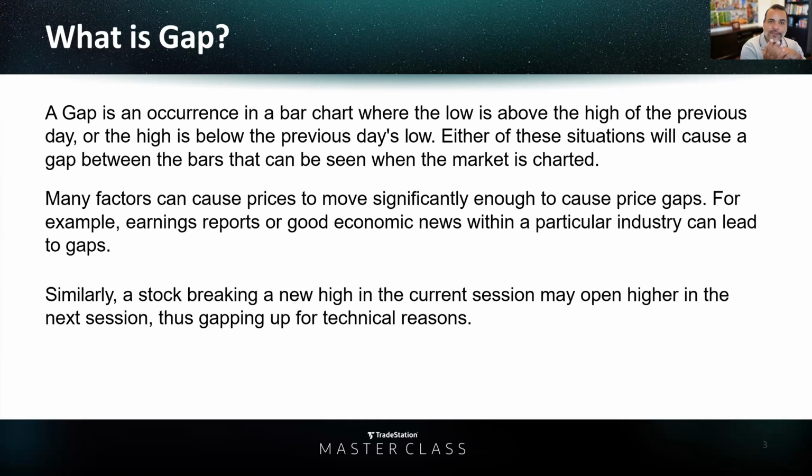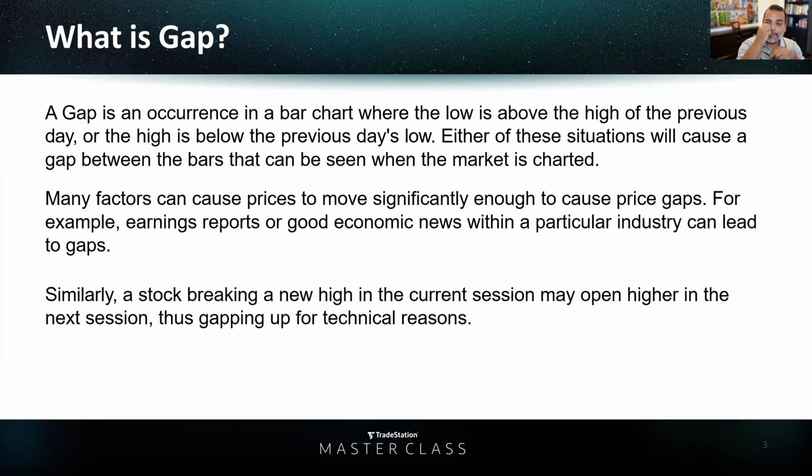Many factors can cause prices to move significantly enough to cause these types of jumps. For example, earnings reports or good economic news within a particular industry can lead to gaps. Similarly, a stock breaking a new high in the current session may open higher in the next session, and vice versa.